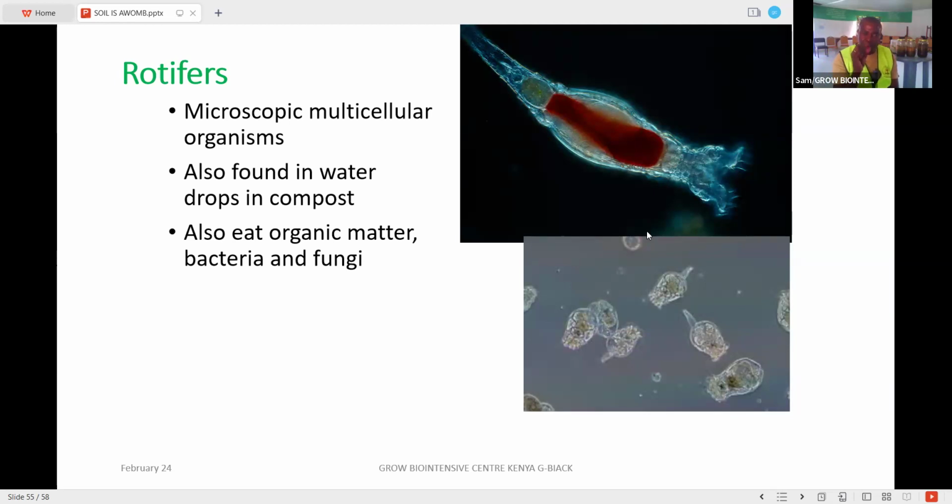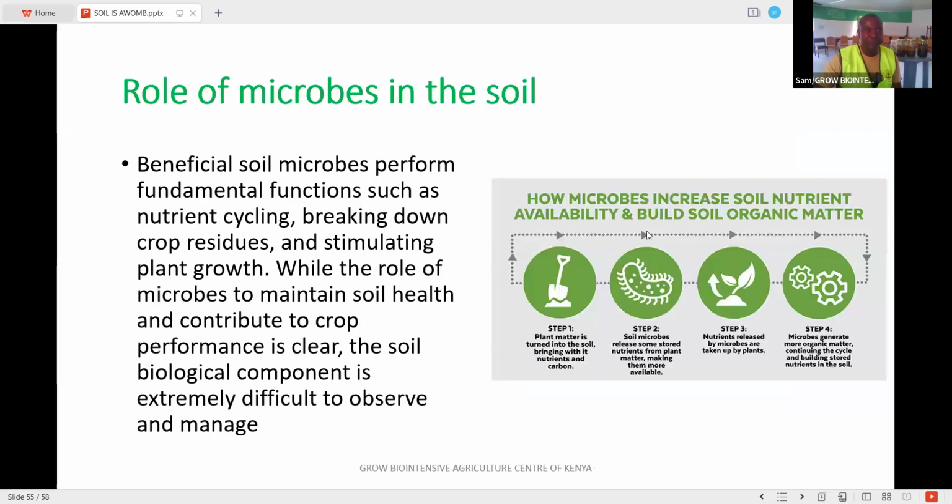If it's a little bit wet, then these guys will be present. And when they eat up the bacteria and the fungi, they will start eating up the organic matter. And then again, they'll continue eating even the nutrients that are there. And so they burn your compost, right? And that needs us to really be careful about our composting process.